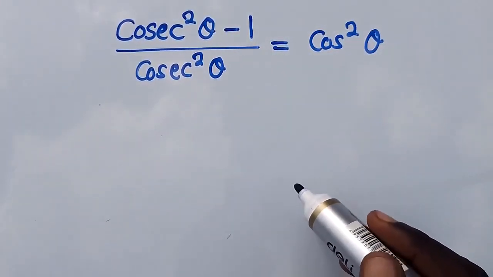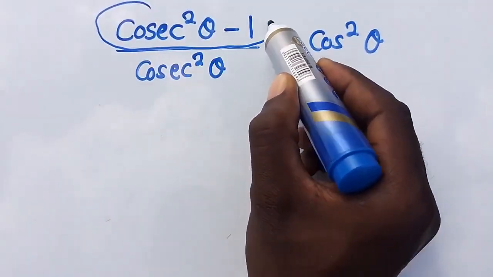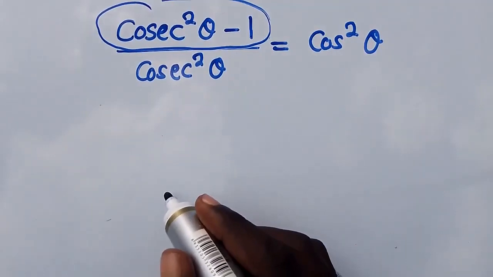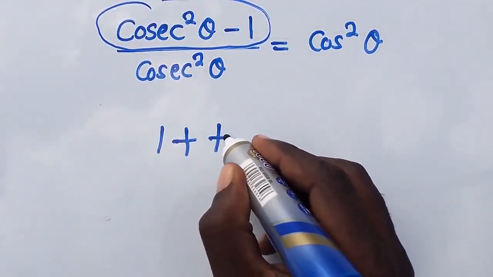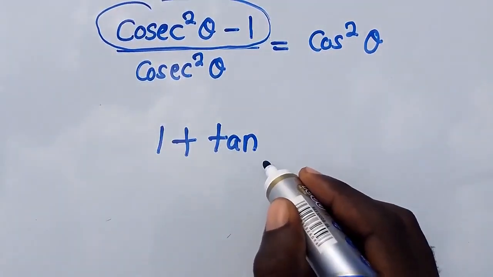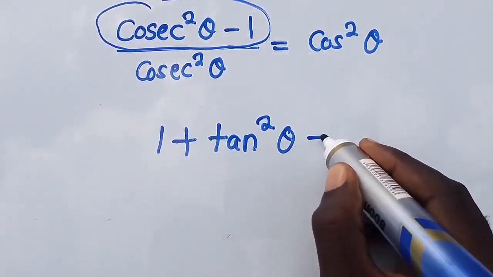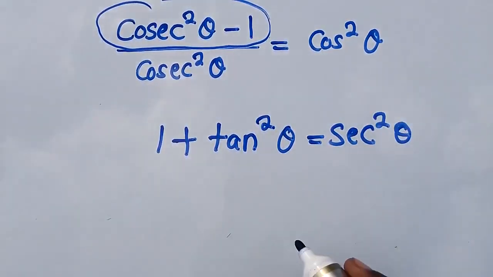What you need to know is that whenever you look at this first identity on top, something should come to your mind. So one of the identities is that 1 plus tan squared theta is equal to sec squared theta. Have you seen?